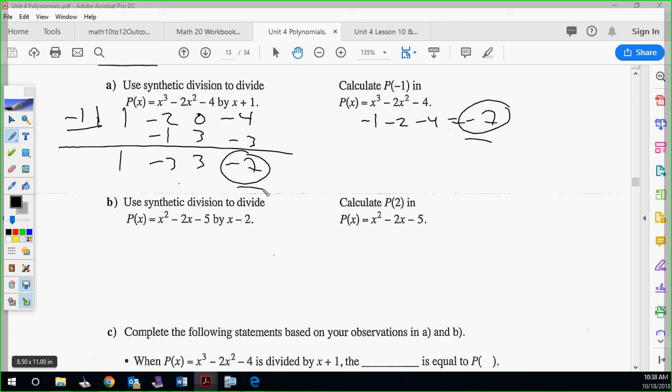Leah, this might bring forth what you were saying. If I told you if you get a remainder of 0, that means it's a 0 in the graph. And when we plug zeros into the original, what do you get? You get a 0. Well, look what happens here. When we do our synthetic division, it says our remainder is -7.